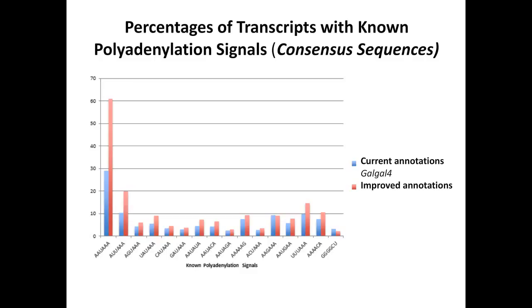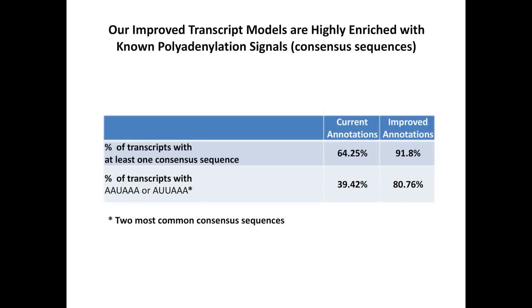We can see there's also a 2-times increase in this signal in our transcripts. And overall, if we put all together, here we have the percentage of transcripts with at least 1 consensus sequence. In the current gene model annotation, there are only 64.25% of transcripts with a polyadenylation signal. But when we use our improved annotation, we found that 91.8% of the transcripts had at least 1 consensus sequence.